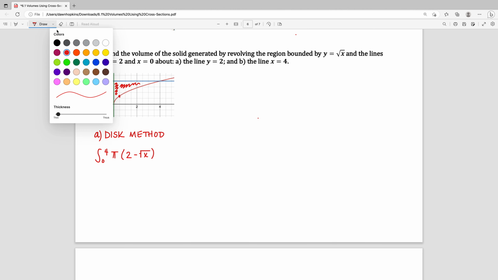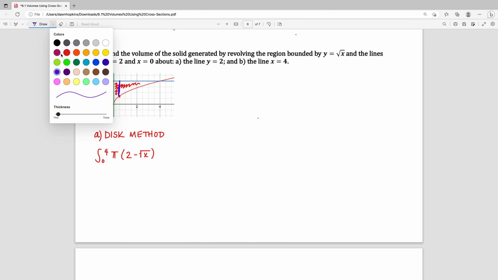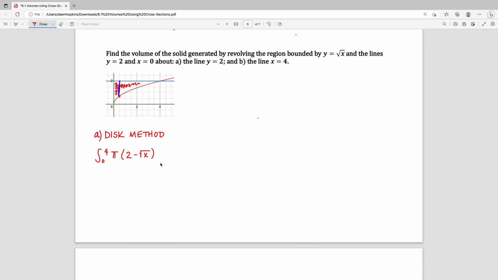So if I switch colors here, we're looking at this radius there. So as usual, I'm going to bring my pi in front, and then I need to square this radius. So we end up with 4 minus 4 times the square root of x plus x.